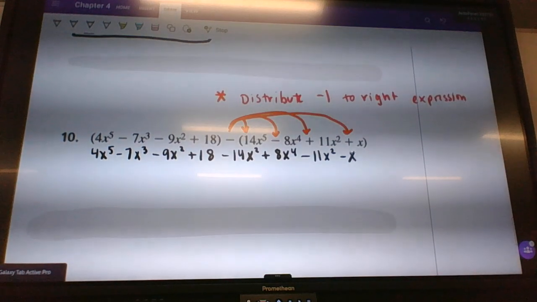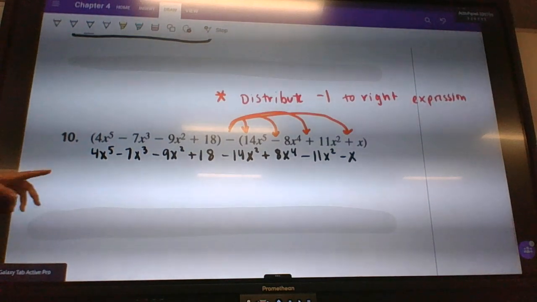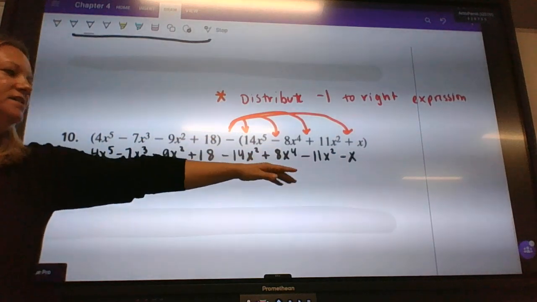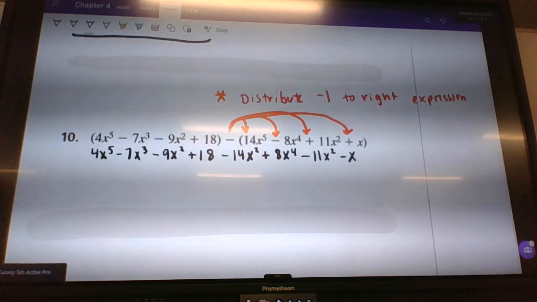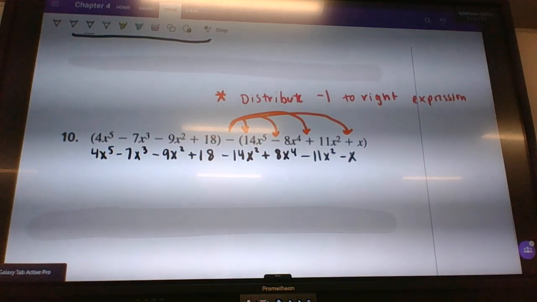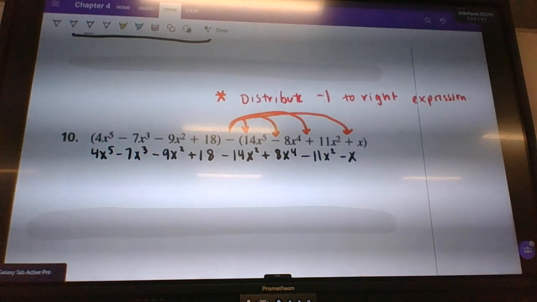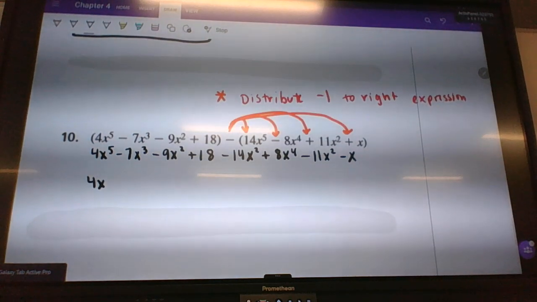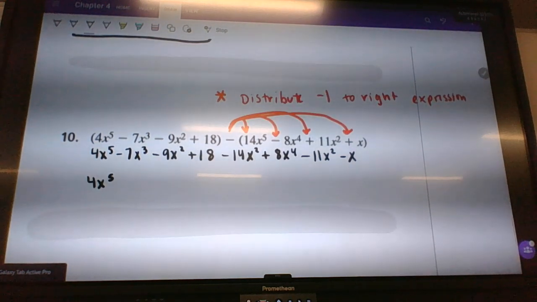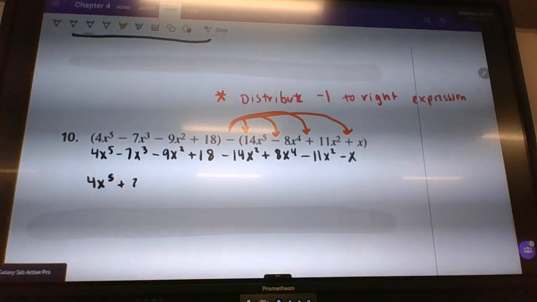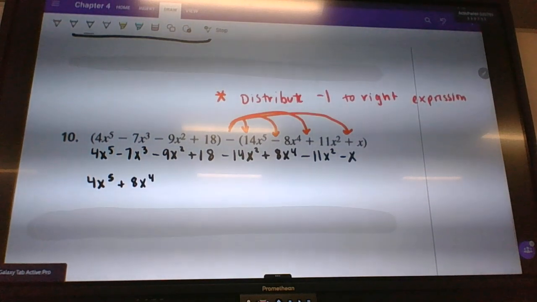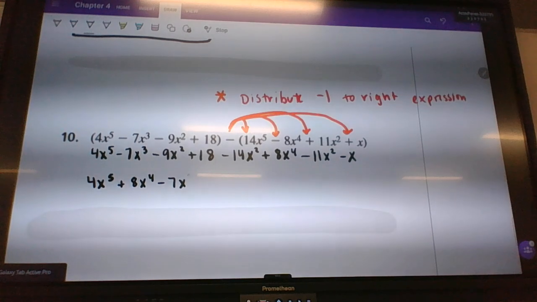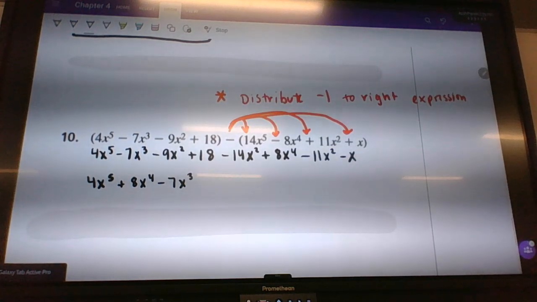Blaze, come on. Alright, so you wrote everything with opposite signs, and now I'm going to do what I just did. I'm going to put everything in order. There's only one 3rd degree term.